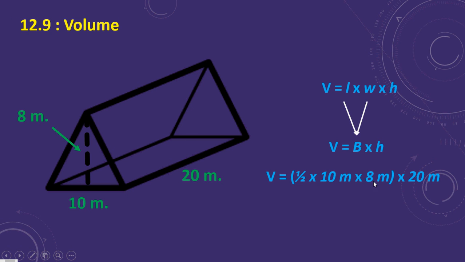Times este height, que es el último número que me faltaba, 20. I multiply first 10 times 8. It's 80. Times 1/2 or just divided by 2, it's 40 meters squared times 20 meters. 40 times 20 gives me 800 meters cubed.